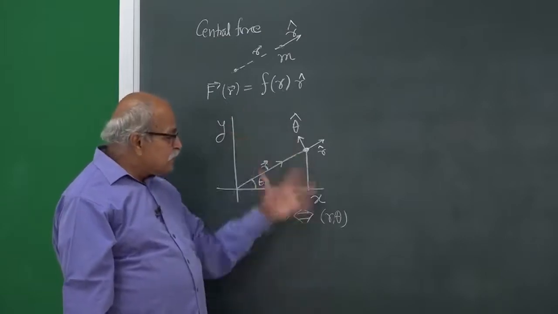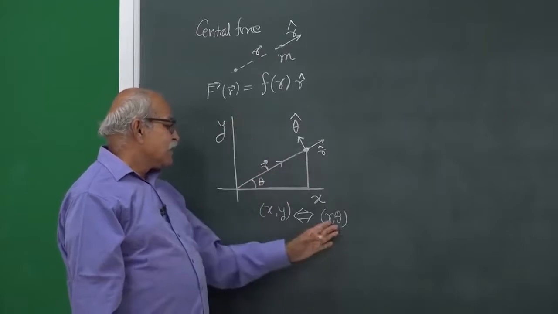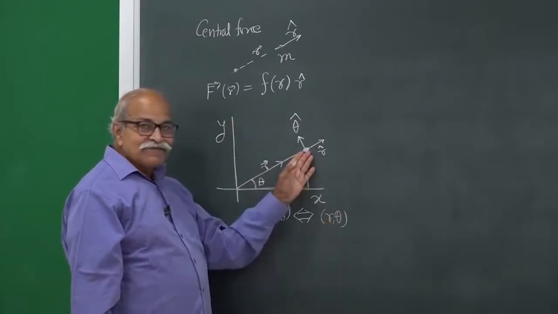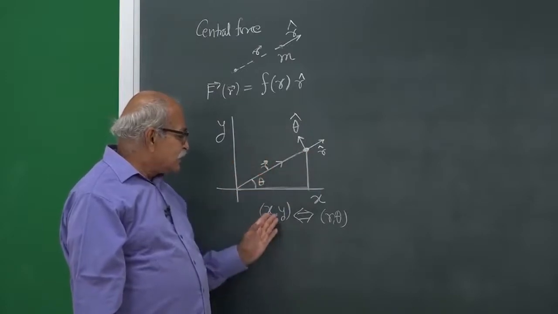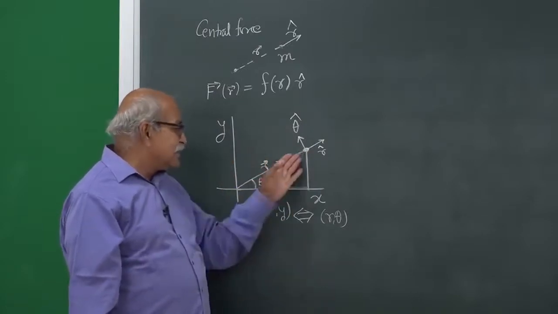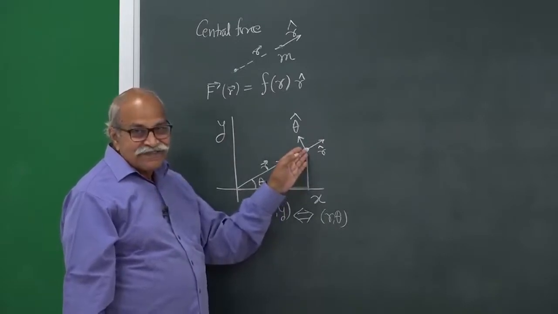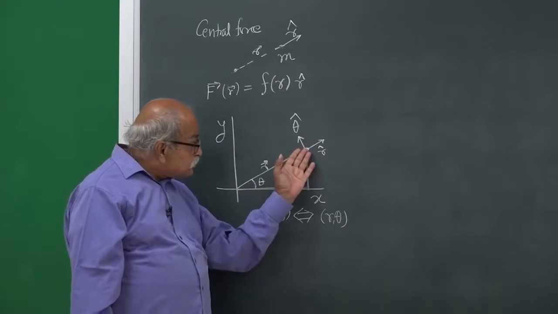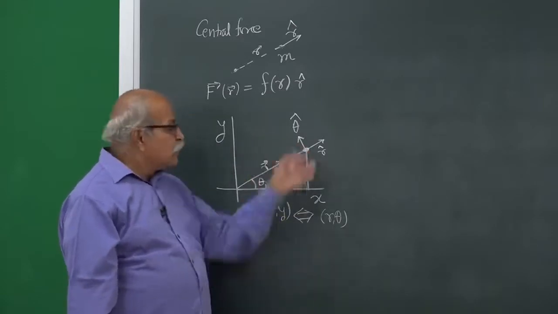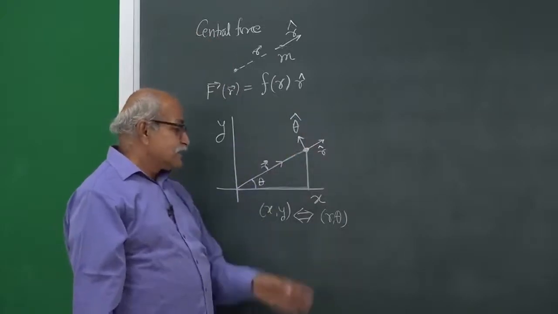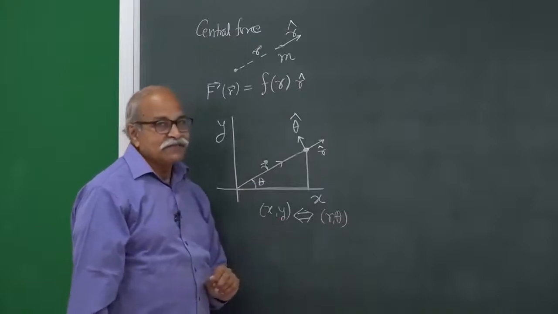If it is in the xy plane, give me r, give me theta, I know where the particle is. Give me x, give me y, I also know where it is. But if it leaves this xy plane and moves in 3-dimensional space, z is also there, then neither is sufficient.